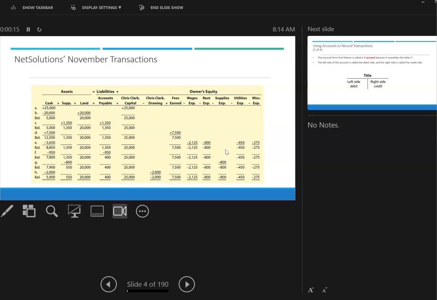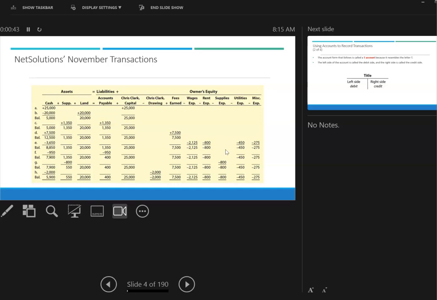And drawings, owner's drawings, we talked about, those were monies that the owner was taking out of the company. Then we expanded this owner's equity section to talk about revenues help increase owner's equity, expenses decrease owner's equity. Do you remember that? So that's where we got to.